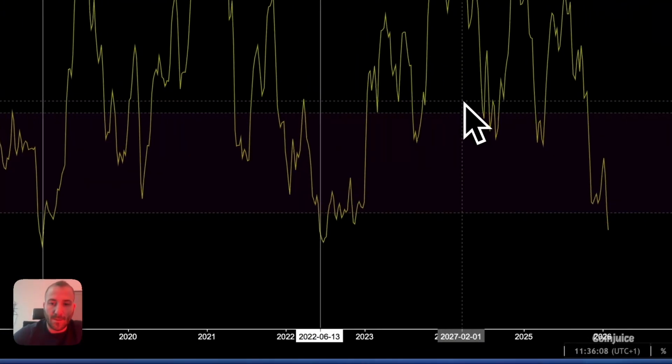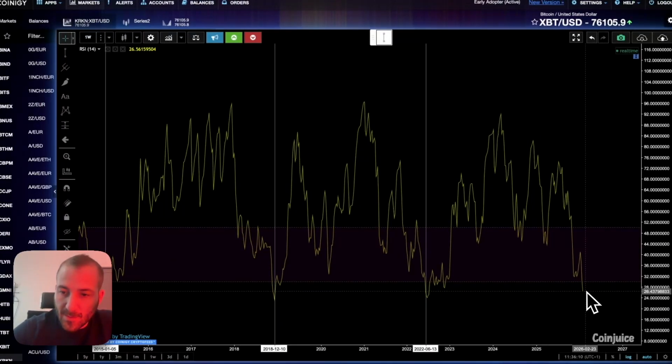Okay, so this is the RSI on the weekly. As you can tell, we're at 26 on the weekly, which is very low. Last time we were at 26 was June 2022.